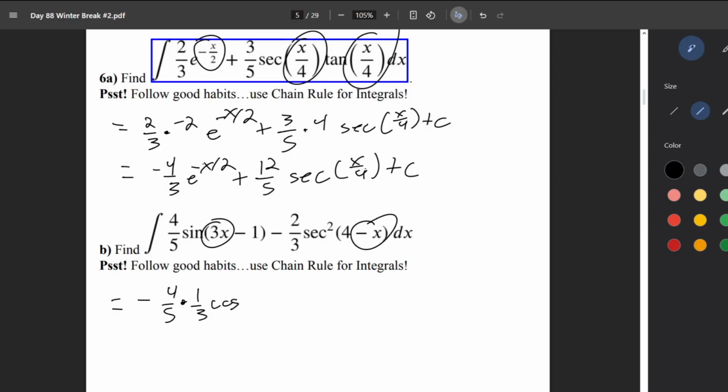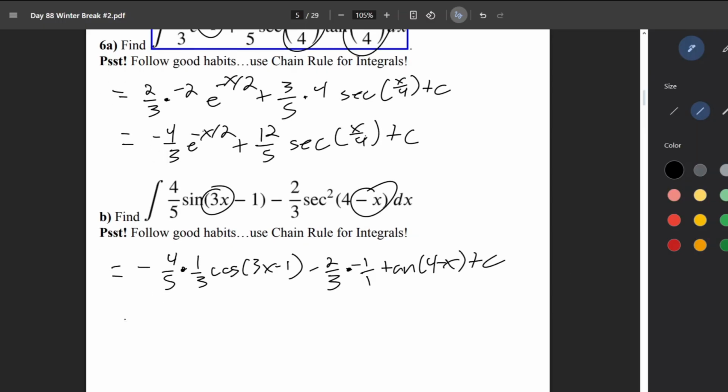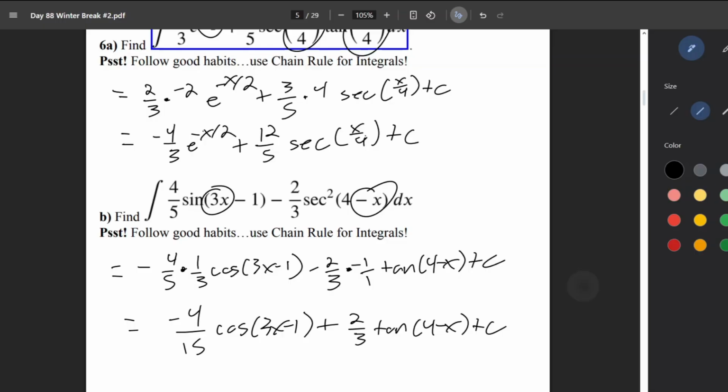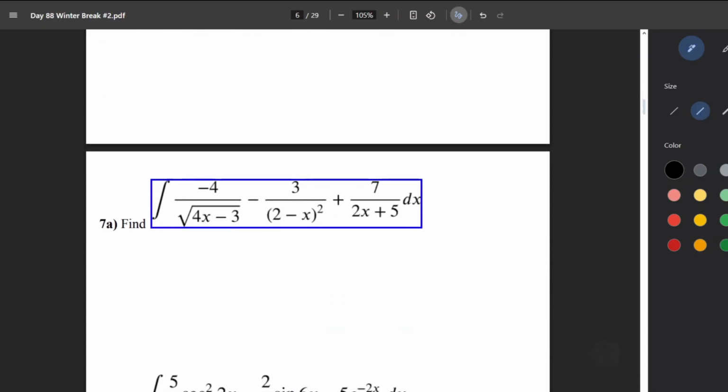This would be cos 3x minus 1, then minus 2/3 times -1/1 tan 4 minus x plus c. So let's simplify. Equals -4/15 cosine 3x minus 1 plus 2/3 tan 4 minus x plus c. Negative times negative is positive.